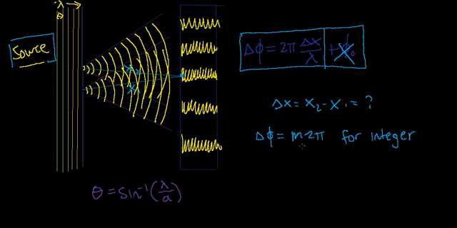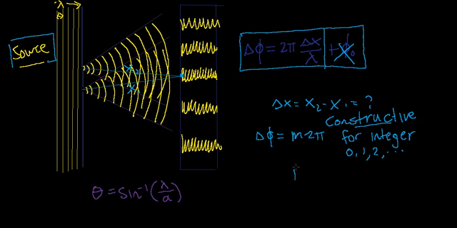What that means is, we could say m equals 0, m equals 1, m equals 2, or any number like that. If m equals 0, our phase difference would be 0, because 0 times 2 pi, and that would cause constructive interference. Or it could be 1 times 2 pi, or 2 times 2 pi, which is 4 pi, or anything like that.